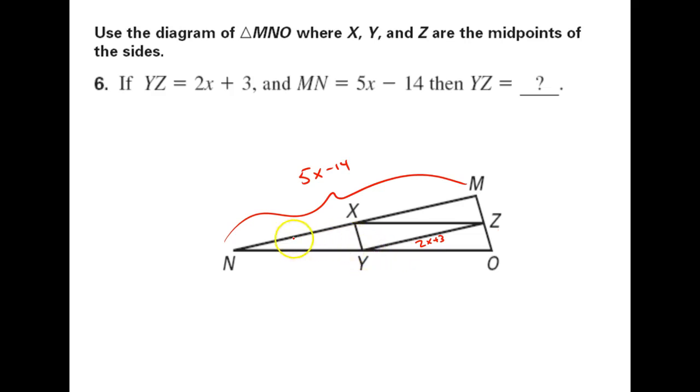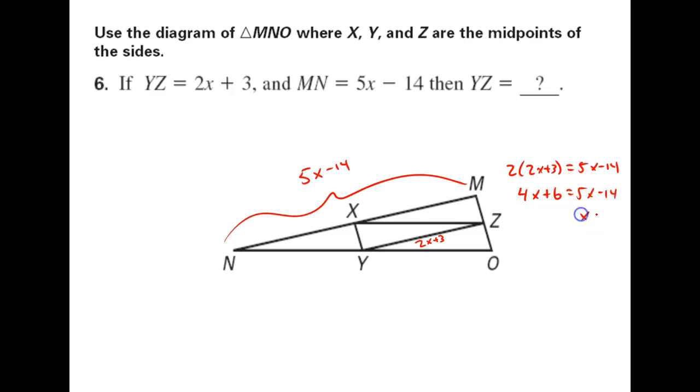We know that the YZ side is going to be half of the MN side. So the most efficient way of setting this up is going to be 2 of the YZ's, 2x plus 3, equals the MN side, 5x minus 14. So I need to solve this equation for x. I distribute the 2. 4x plus 6 equals 5x minus 14.